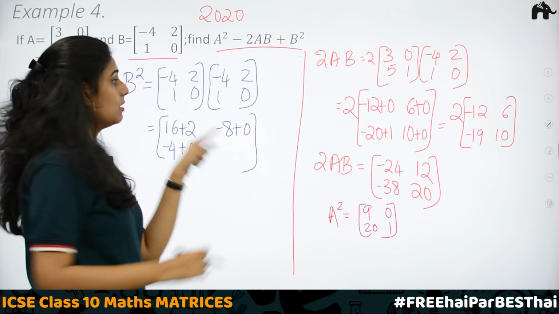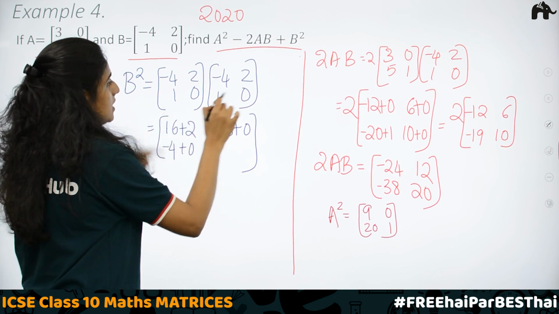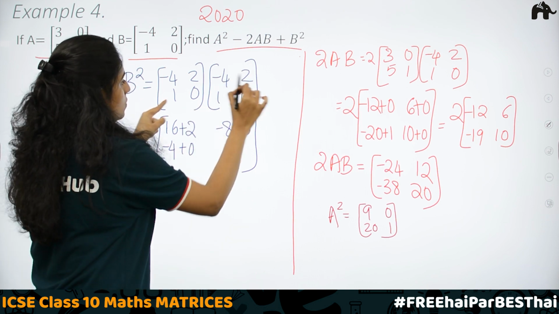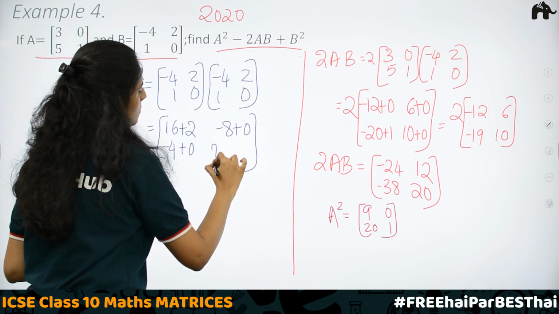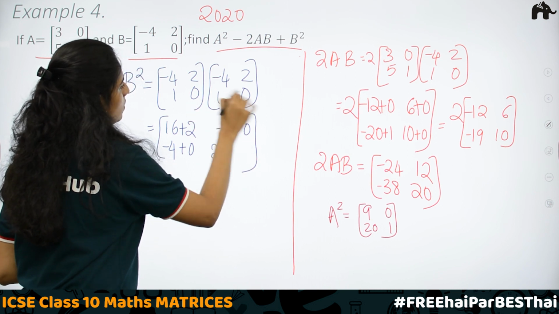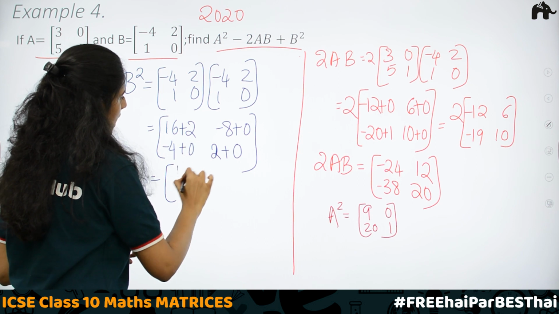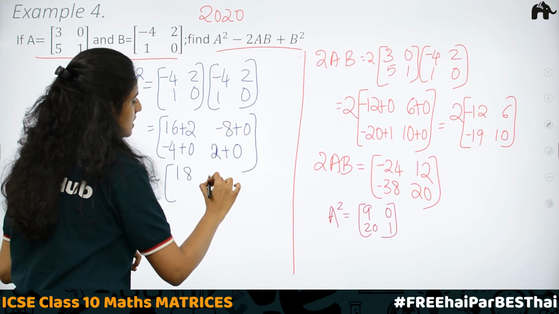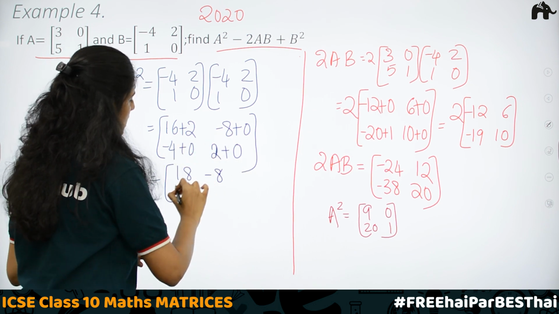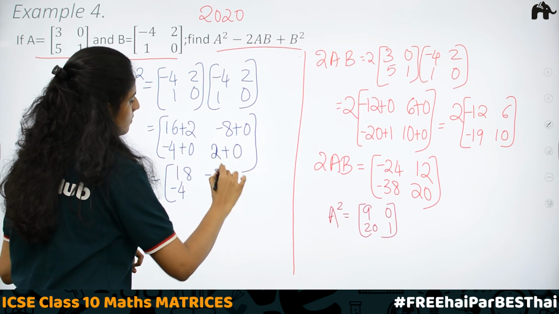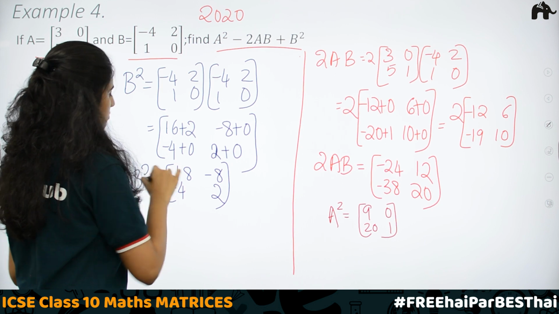To get the last element, second row of the first matrix, second column of the second matrix. 1 into 2, 2 plus 0 into 0, 0. Then what are the elements? 16 plus 2, 18, minus 8 plus 0, minus 8, minus 4 plus 0, minus 4, 2 plus 0 is 2. We got B square.